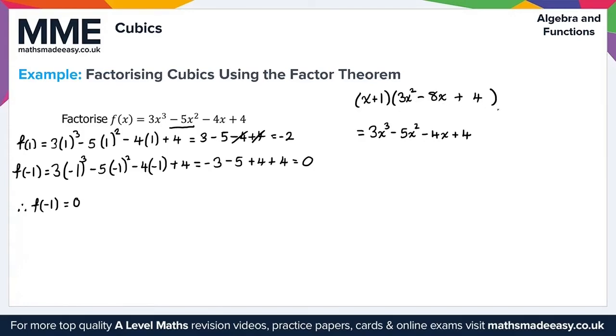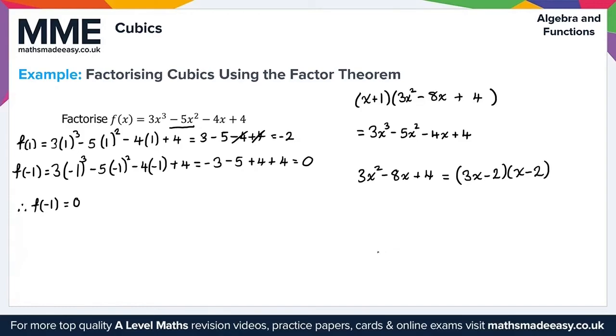And because this is a quadratic, what we're going to see now is if we can factorise this quadratic. Well, 3x squared minus 8x plus 4 does indeed factorise here. We can write this as 3x minus 2 and x minus 2 here.